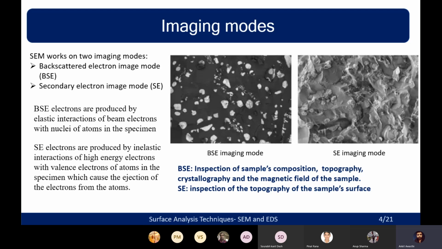But in BSE here you see some light spots, some dark spots are present. So what does it actually mean? Where there is a dark spot there is some different material, and where there is a light spot, these are some different materials.